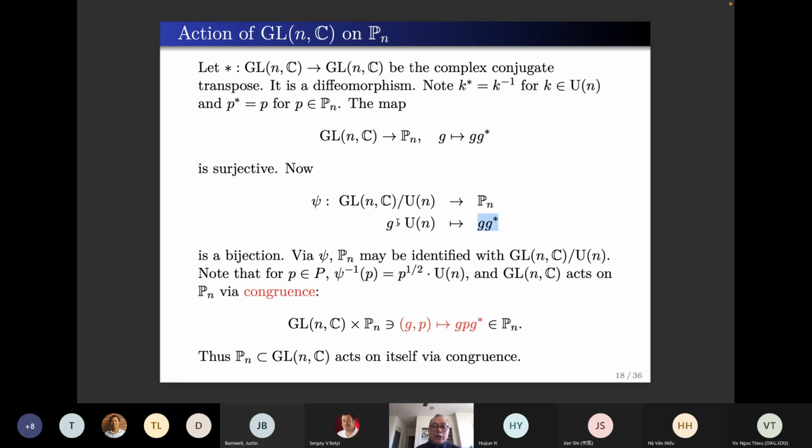G may not be unique inside the coset because it's just a representative, but as you multiply, you get the same GG*. So this is the action. In other words, congruence, or star-congruence, can be interpreted as the action of GL_N(C) on P_N. Of course, P_N acts on itself through congruence as well, so if you replace GL_N(C) by P_N, you can do the congruence as well.